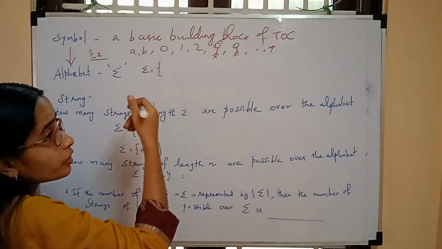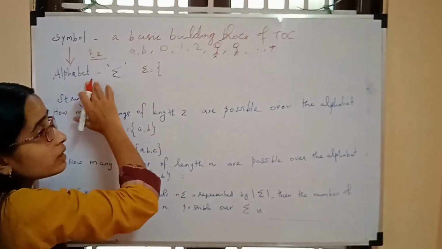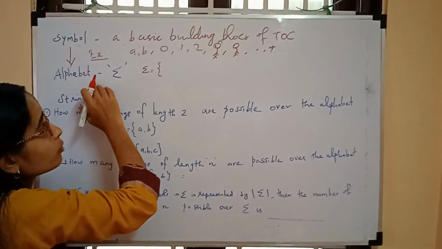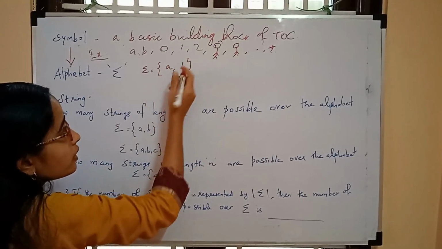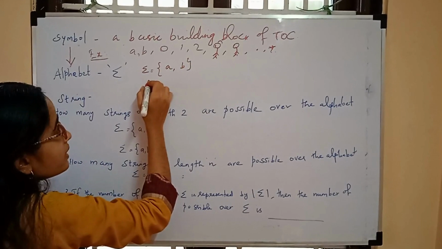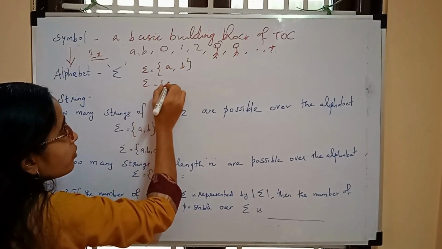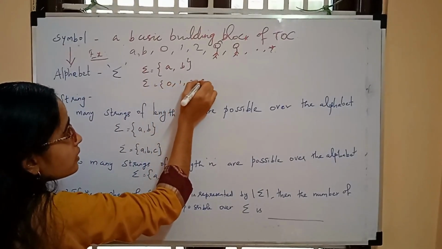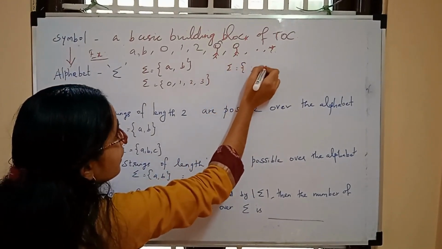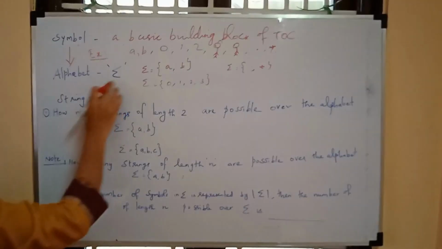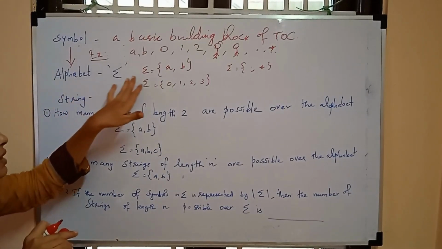You are going to give the input from the given alphabet. The alphabet set contains symbols. It may be English alphabets, or even zeros and ones, or even dot, star, anything. So this is called the input alphabet set.